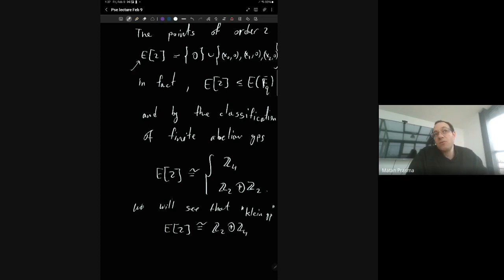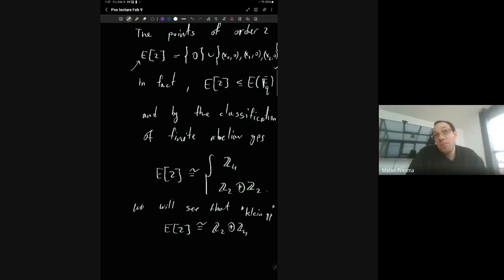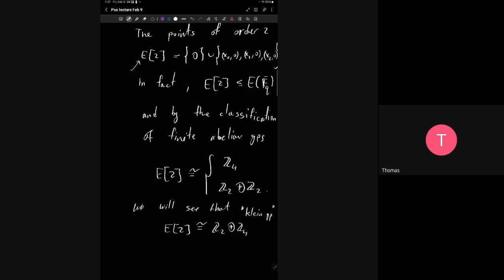And then the characteristic of the field can be defined as the order of 1. Okay, so the characteristic of the field is the minimal integer n such that if you do 1 + 1 + 1, n times, you get 0. I see. Okay, thanks.